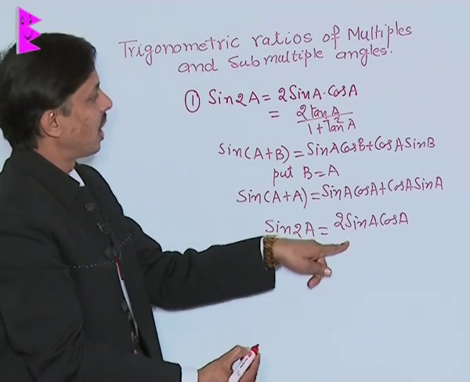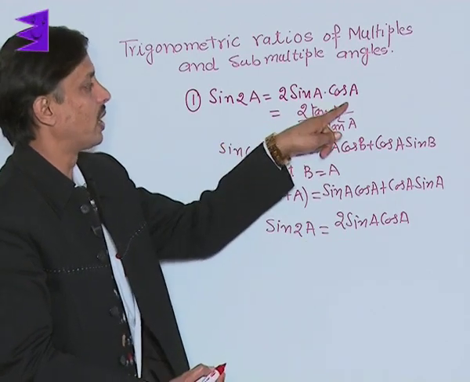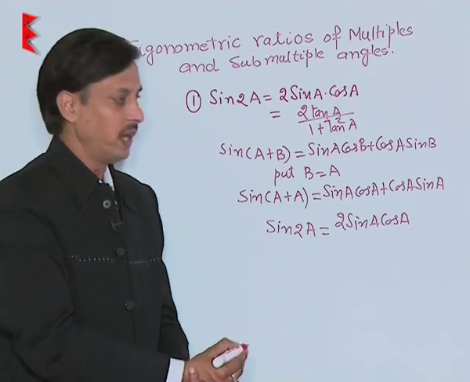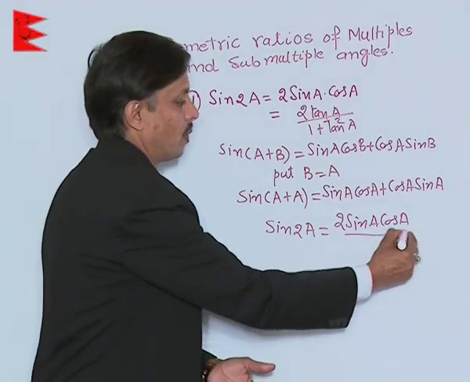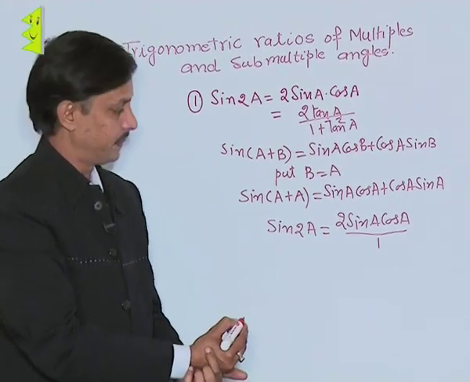But now the question is how this result is equal to the result 2 tan a upon 1 plus tan square a. In order to understand this concept, we can write 1 as the denominator of any number.